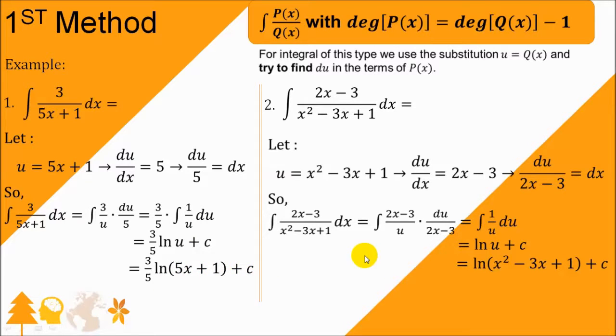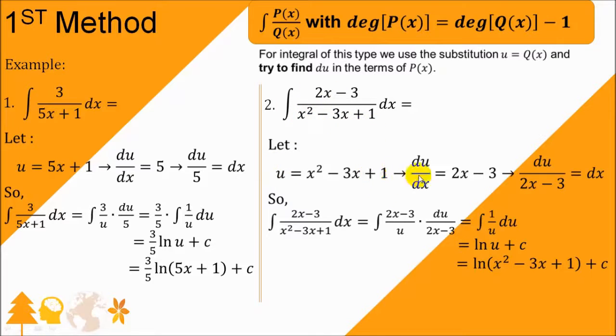And then for the second example, here we have x in the numerator with degree 1, and the highest degree in the denominator is 2. The degree of Q minus 1 is equal to 1, and the degree of P is equal to 1. So we can use the substitution method again. Let u equal x squared minus 3x plus 1.